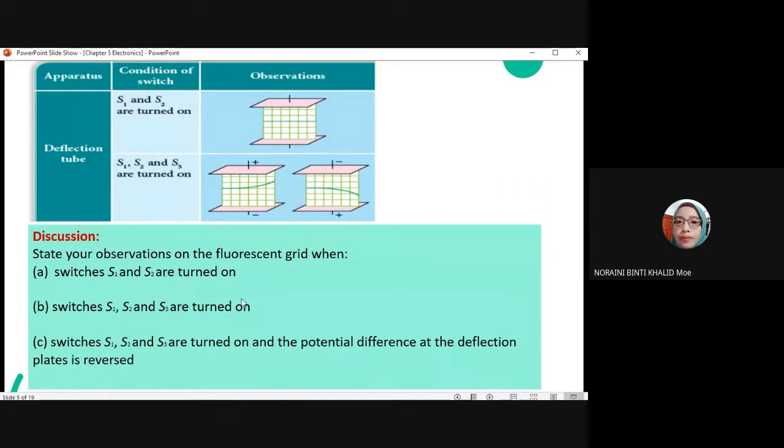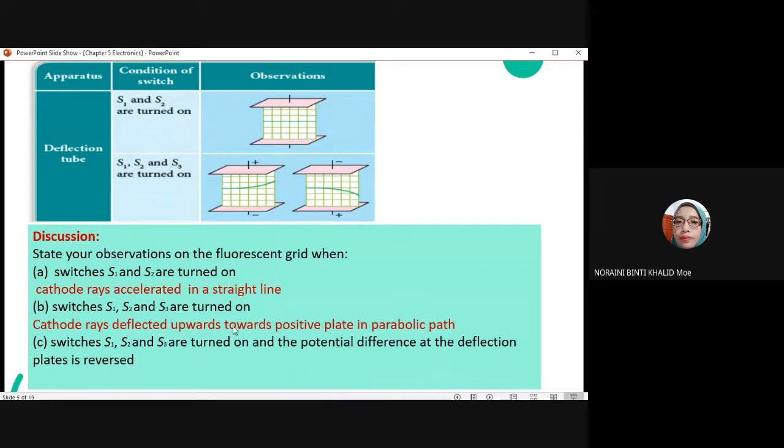Okay, let's try to answer some questions here. When switches S1 and S2 are turned on, the cathode ray is accelerated in a straight line. When switches S1, S2, and S3 are turned on, the cathode ray is deflected upwards towards the positive plate in a parabolic path.